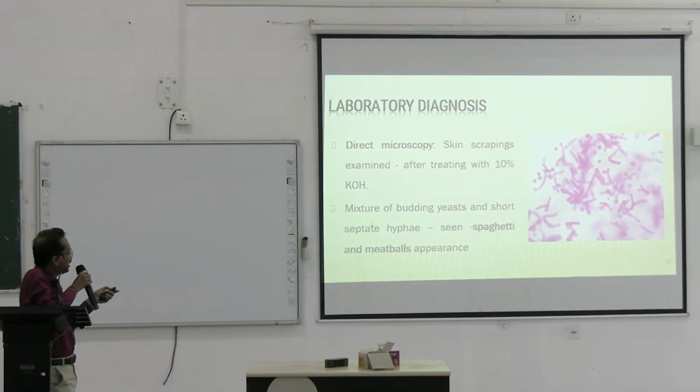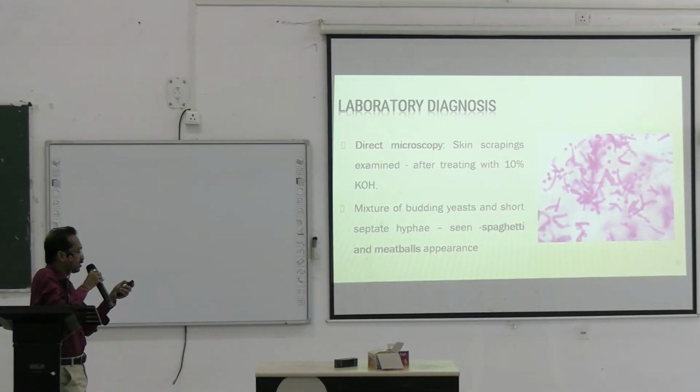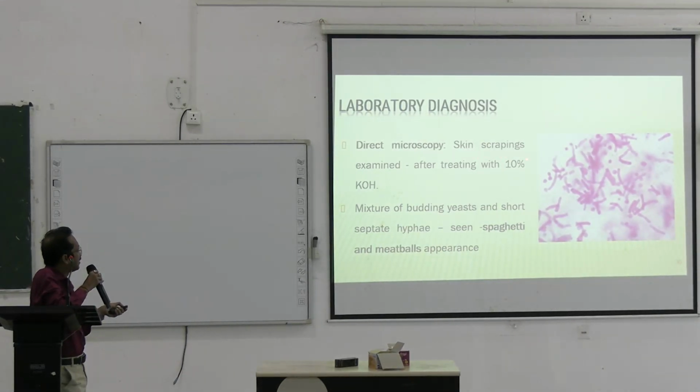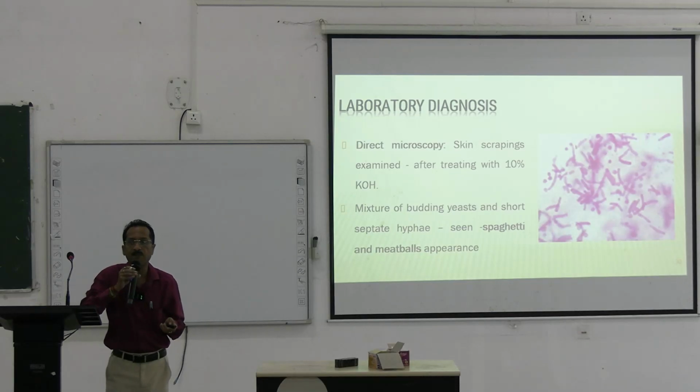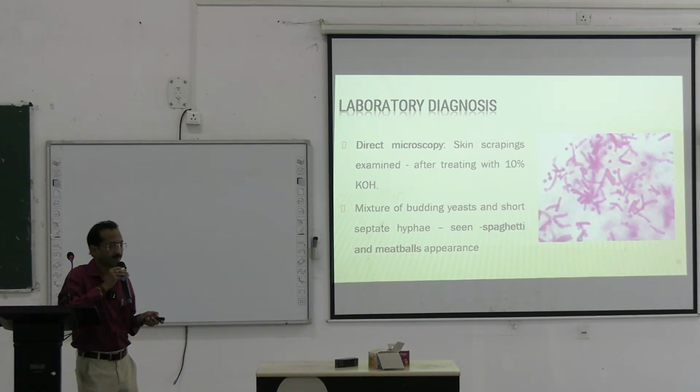I have put this because some MCQ can come. This is a specific appearance, spaghetti meatball appearance in KOH. Skin scraping in 10% KOH will show the spaghetti meatball appearance, specific of pityriasis versicolor.